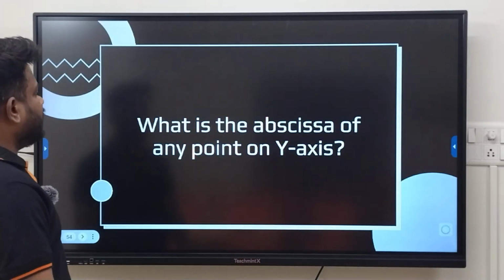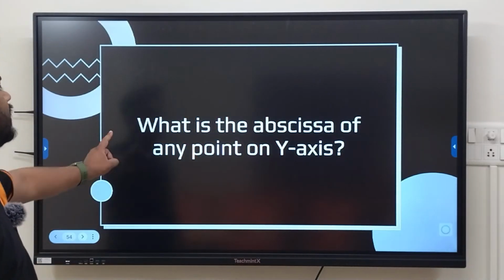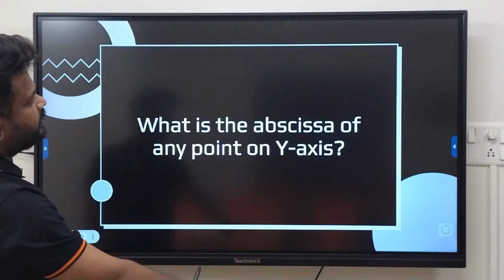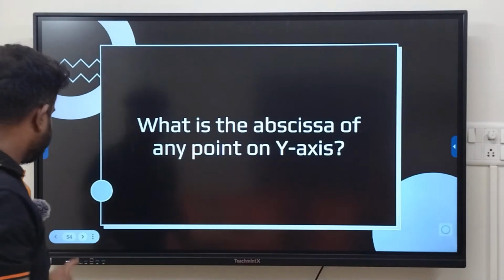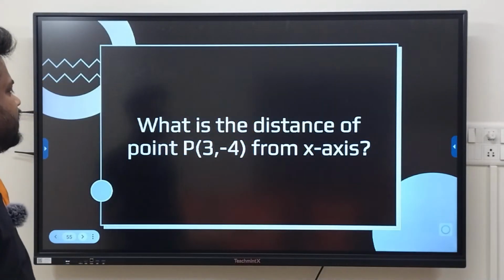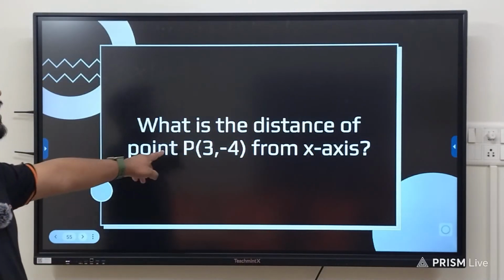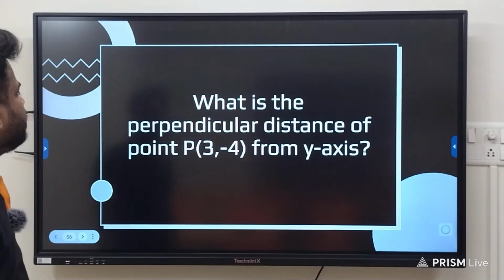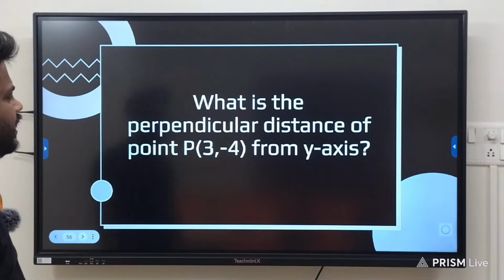Similarly, what is the abscissa of any point on the y-axis? The abscissa will be 0 on the y-axis. What is the distance of the point from the x-axis? You guys can do it by yourself.